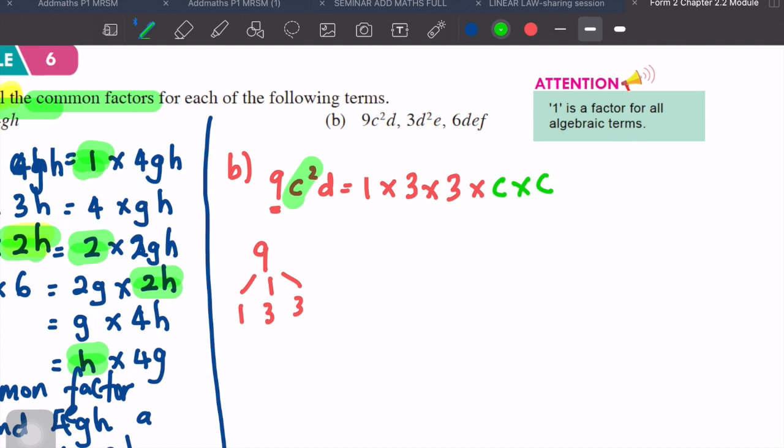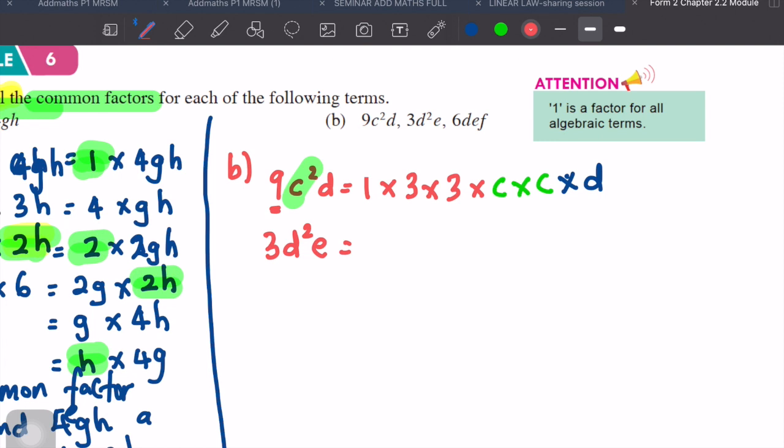And finally times d. So we have broken down 9c square d. Next, we break down 3d square e.